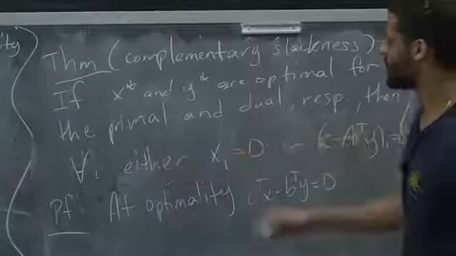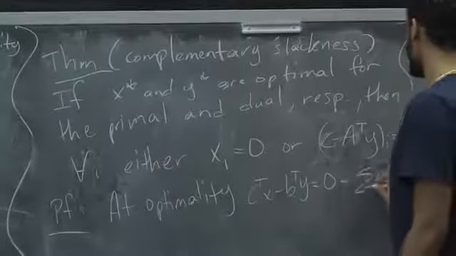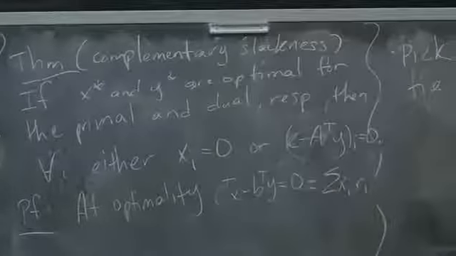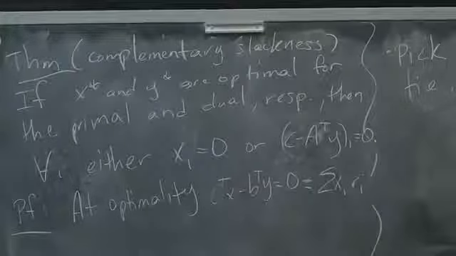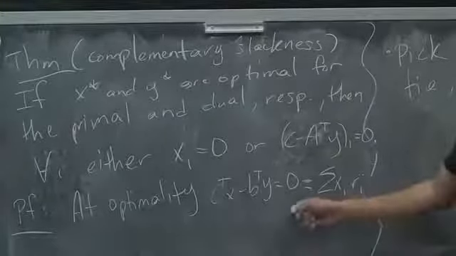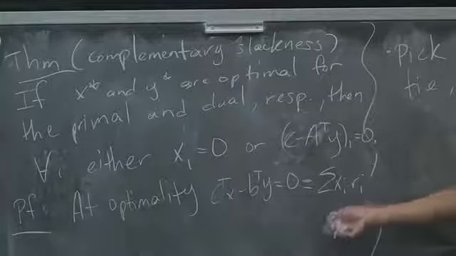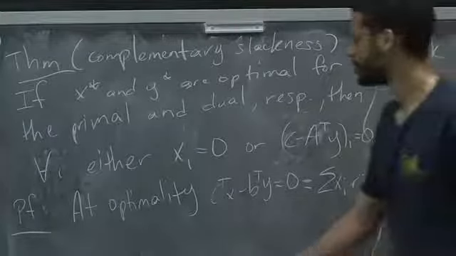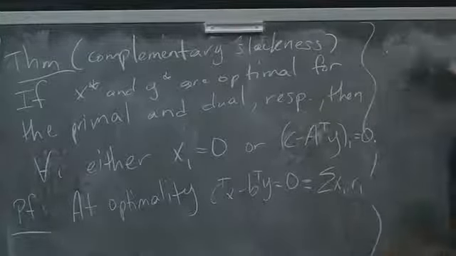But we know that C transpose X minus B transpose Y is just equal to the sum of X_i R_i. And that's basically it. All these terms are non-negative. So for them to sum to 0, each summand has to have either X_i being 0 or R_i being 0.